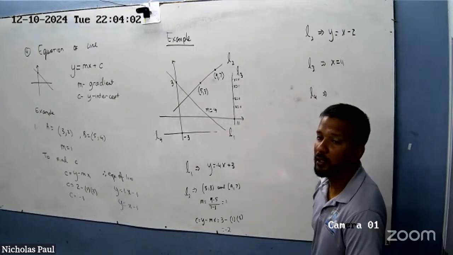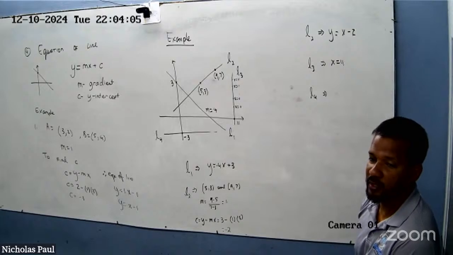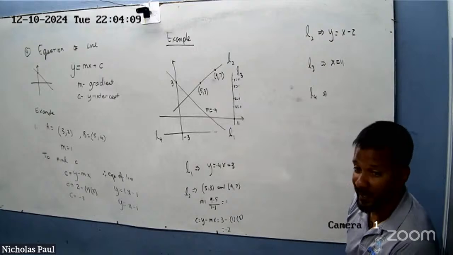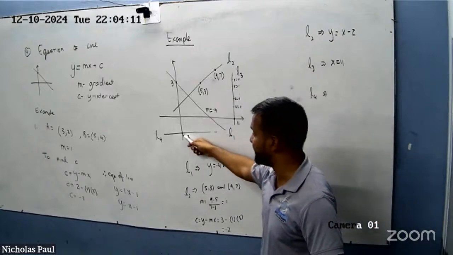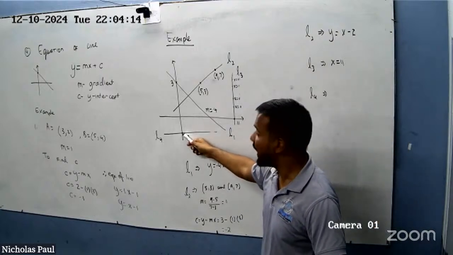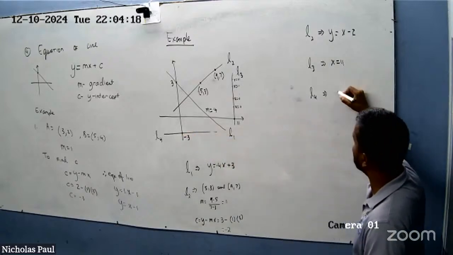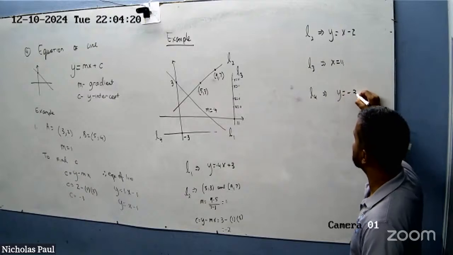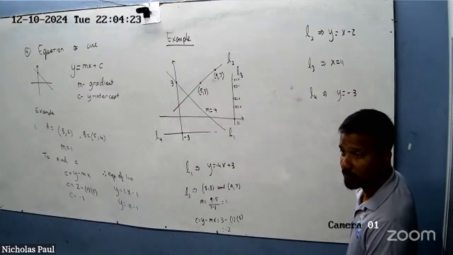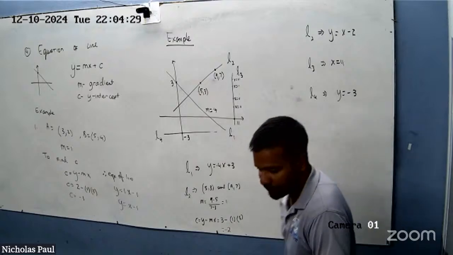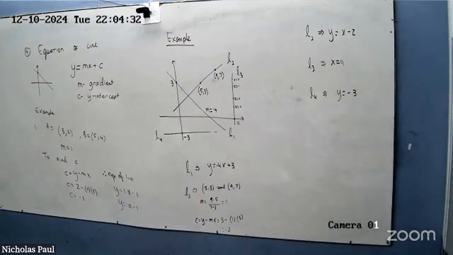What is negative 3? You sure? Why? Because this point is y is minus 3, and because it's a horizontal line, every single point is y is minus 3. Are you okay with that? So these are your 4 equations of a line. Okay, come here now.